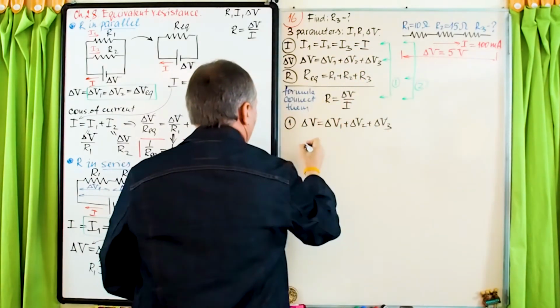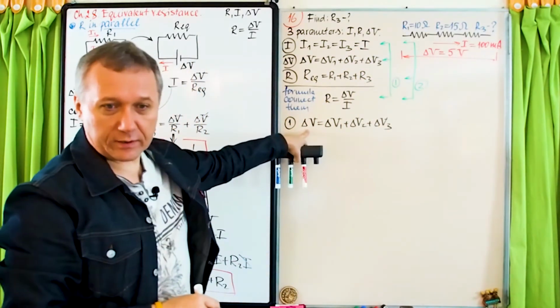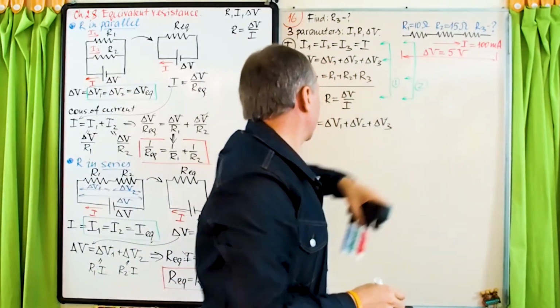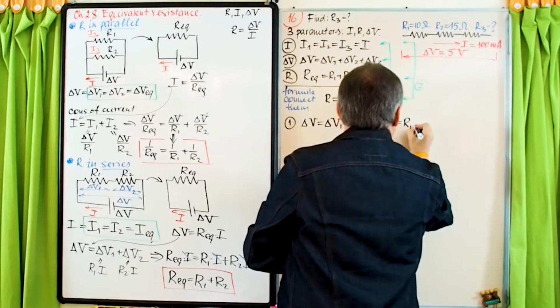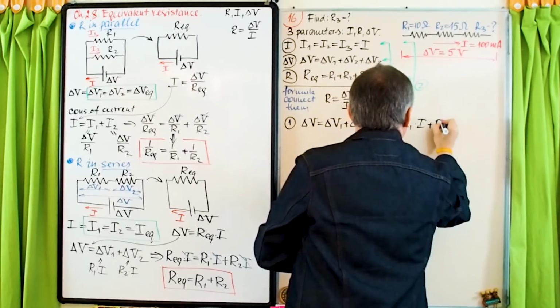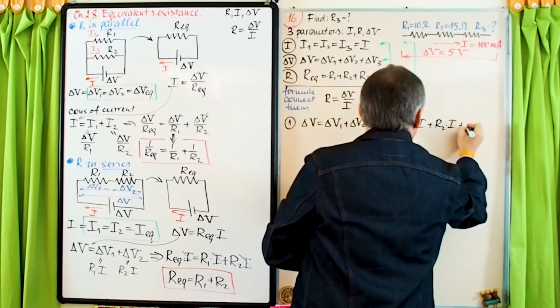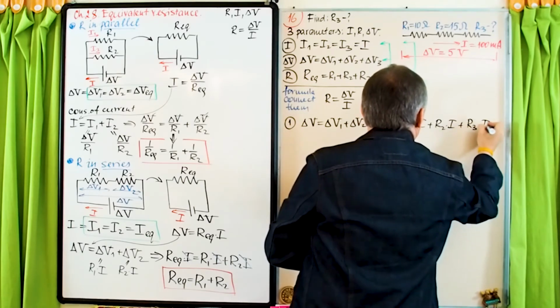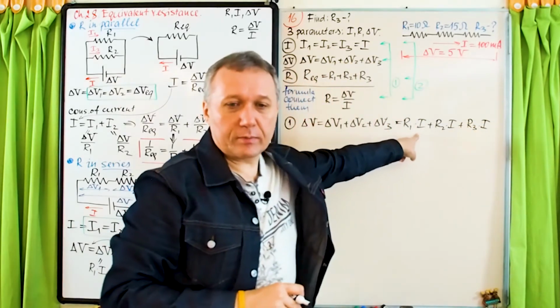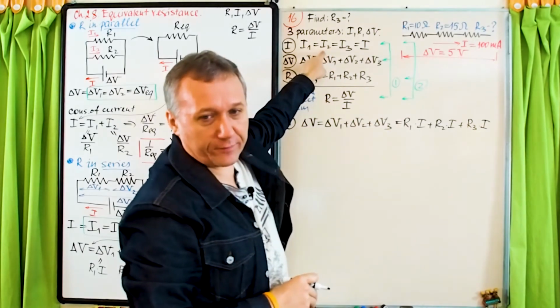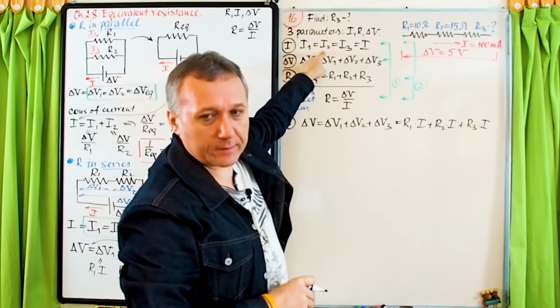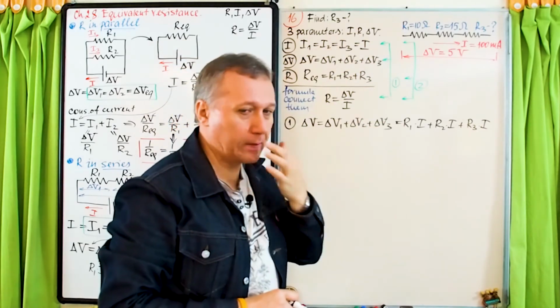The total delta V is given, 5 volts. So I can write R1 times I plus R2 times I plus R3 times I. You see, I dropped the subscripts next to current immediately because I used this fact, just to save time and space.